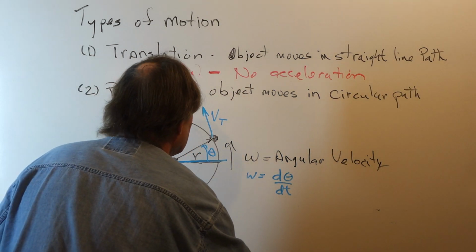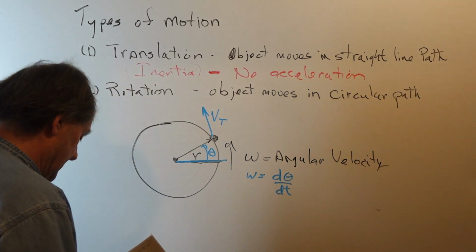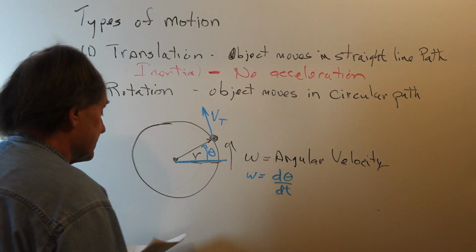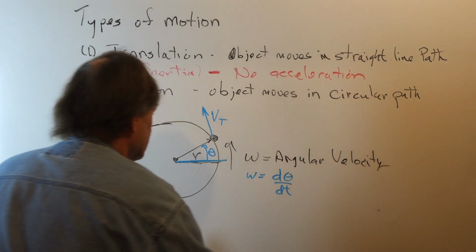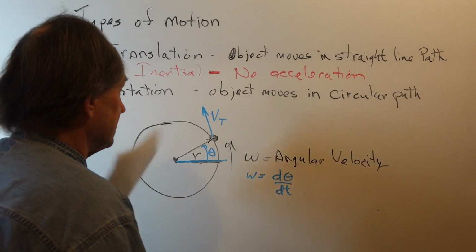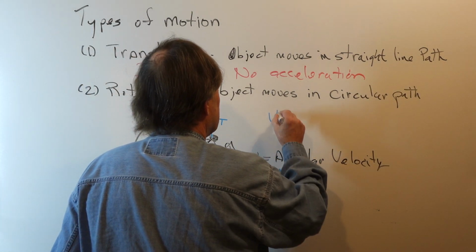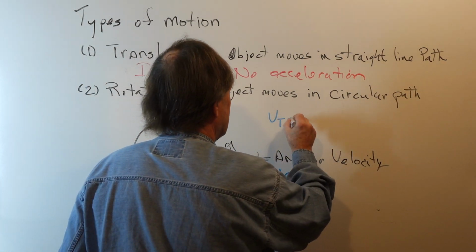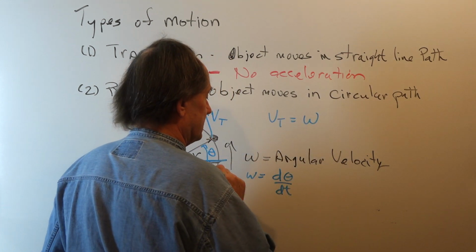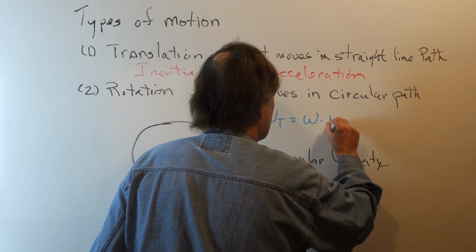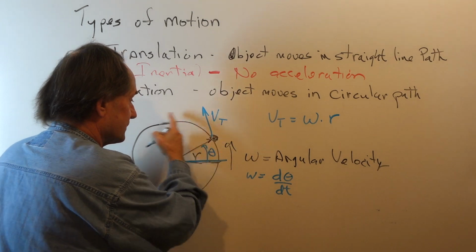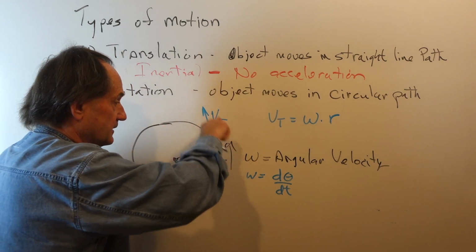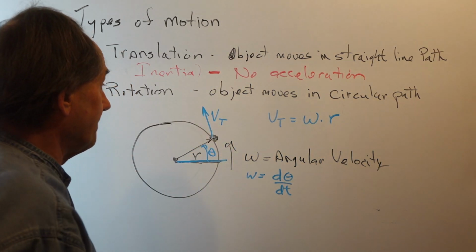Now, this tangential velocity, which I designate vt, is related to the angular velocity. Vt, the tangential velocity, is just the angular velocity omega times the radius of the circle that the object is tracing out in its circular path.